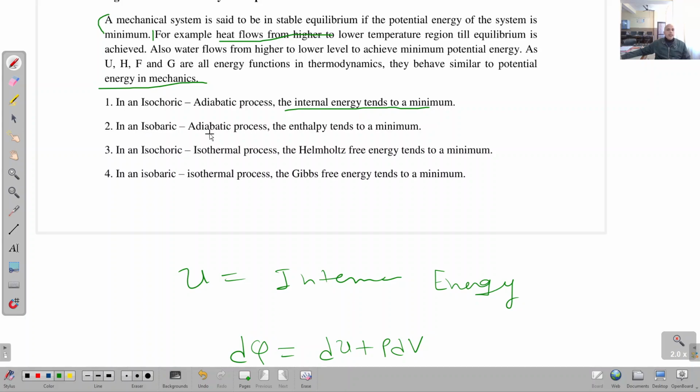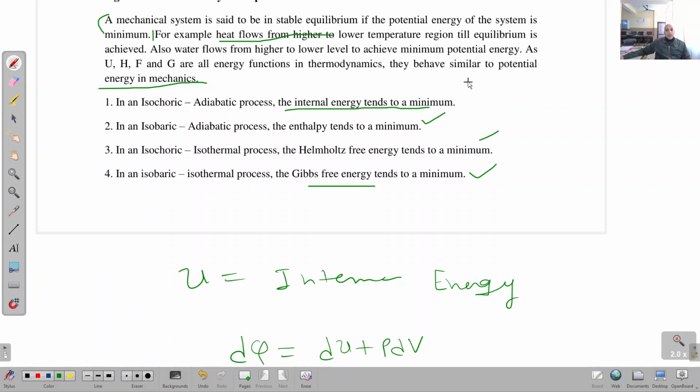Whereas in isobaric adiabatic process, the enthalpy tends to stay minimum, right? Similarly, in isochoric isothermal process, the Helmholtz free energy tends to get minimum, right? In isobaric and isothermal process, Gibbs free energy tends to attain minimum value, right?